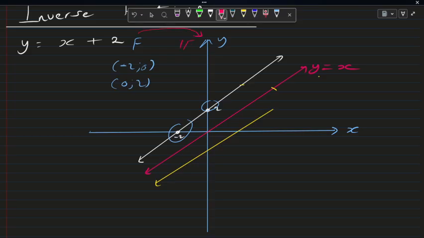Basically what we do, we swap the coordinates. So this point will be 0 and minus 2, and then this one will be 2 and 0. These 2 points are the points that we can use to plot the inverse function.